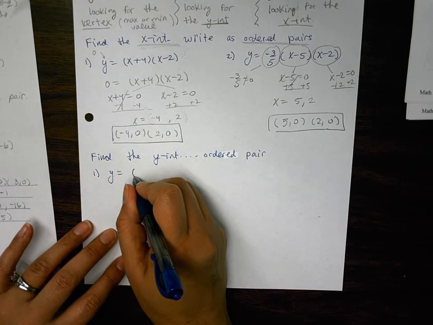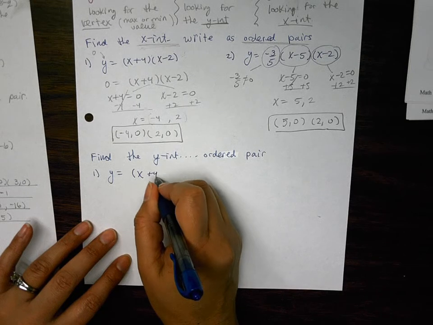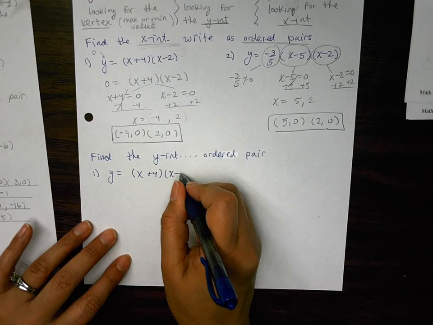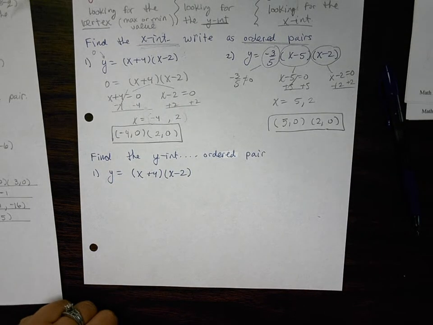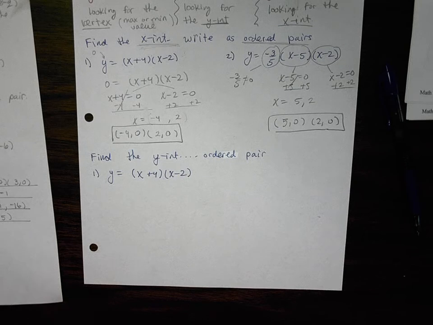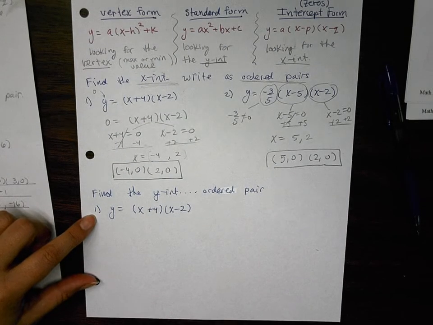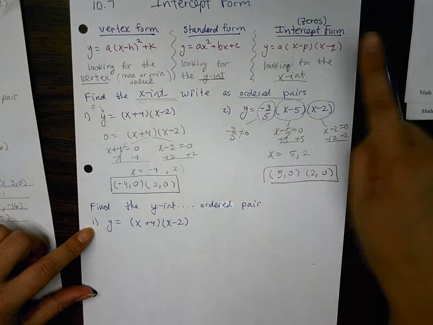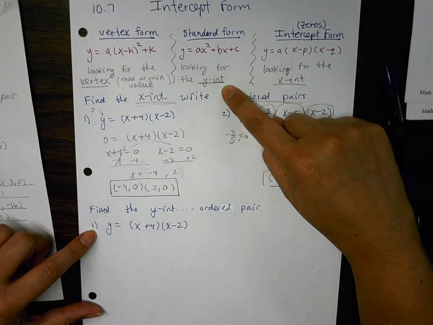Okay, number 1. Y equals parentheses x plus 4 parentheses x minus 2. All right, first question I have for you. Is this the one that's set up in the nice, easy form to find the y-intercept?